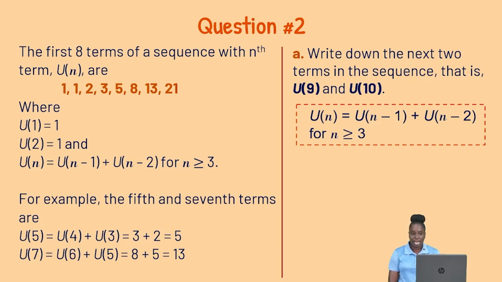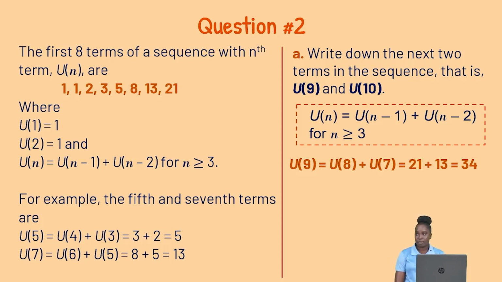So for u of 9, that's going to be equal to u of 8 plus u of 7. And when we look for the 8th term in the pattern, which they told us there are 8 terms in the sequence there, the 8th term is 21 and the 7th term is 13. And so that would be 21 plus 13, which gives us 34.